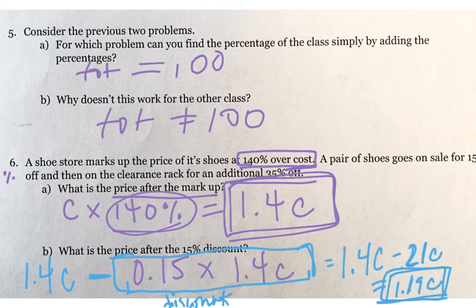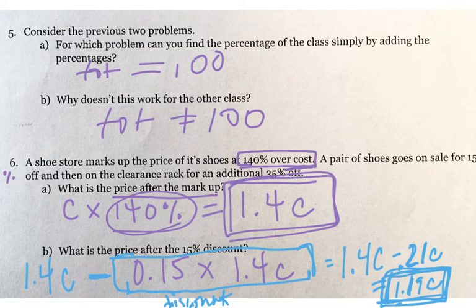Then if they wanted to take off this discount, I could just do 10 times 1.19, because we've already done the algebraic work to show what the price should be with that discount. So in that case, the price of our shoes would be $11.90.